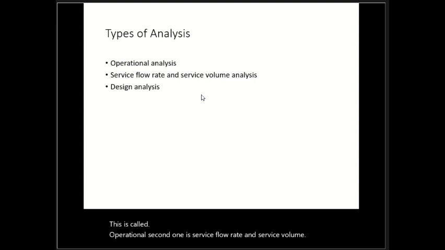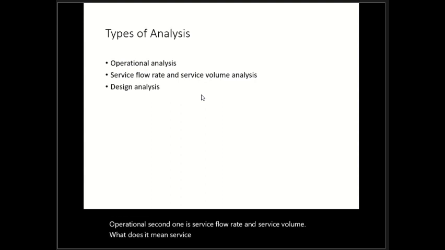Second one is service flow rate and service volume. What does it mean? I told you in the previous class as well as the lecture before that. We discussed it twice. What is service flow rate? The maximum flow rate for a level of service. So finding out service flow rate and service volume for each level of service for your highway conditions is called service flow rate and service volume analysis. So you have a highway. Now you are not trying to find out level of service.